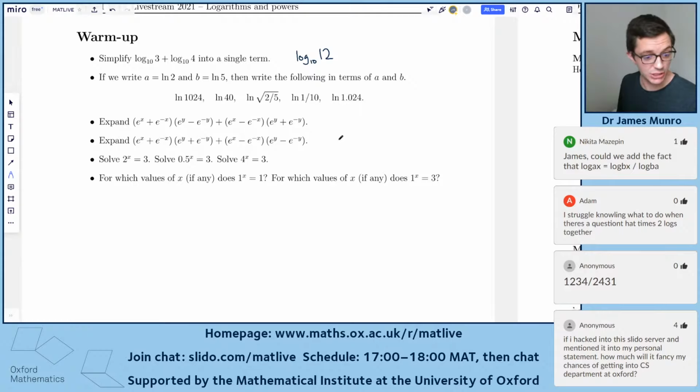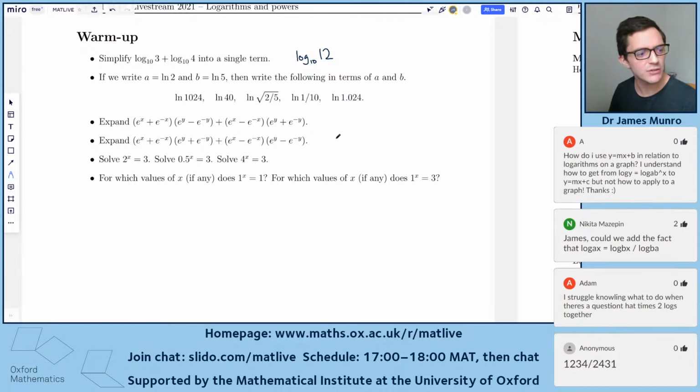Nikita Mazbin in chat wants the fact that log base A... Oh yeah, there's this change of bases fact. I don't think the change of bases fact is on AS level maths. I'm not sure, but I don't think it's a super important logarithm fact.